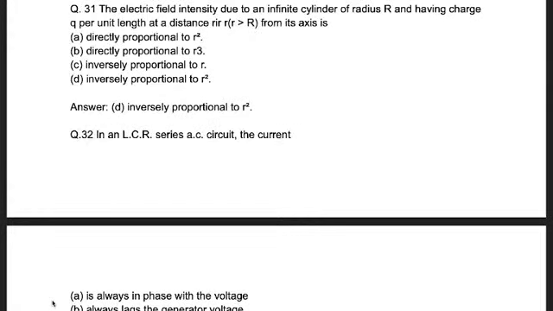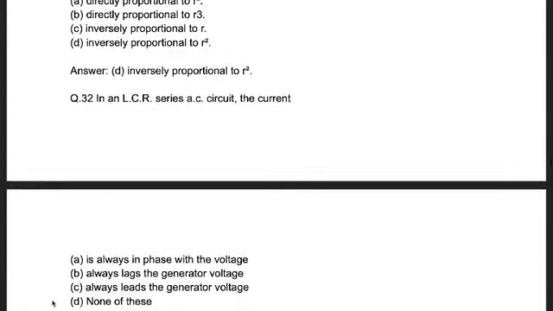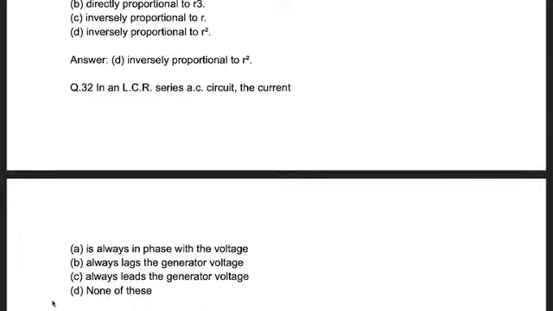Question number 32. In an LCR series AC circuit, the current A. is always in phase with the voltage, B. lags the generator voltage, C. always leads the generator voltage, D. none of these. Correct. Your answer is D, none of these.